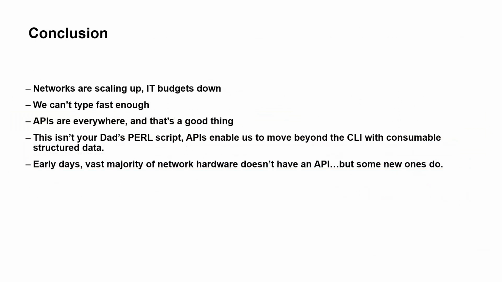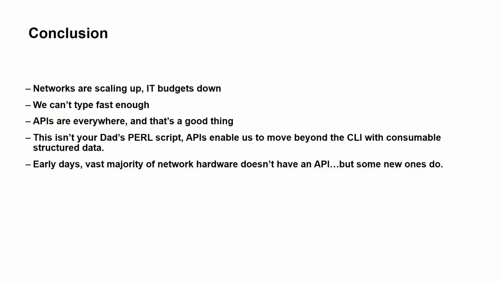In conclusion, networks are scaling up and IT budgets are going down, so we can't type fast enough for all of the stuff on the networks. APIs are everywhere, and that's a good thing. This is the way devices interact with each other, and we're seeing this on networking hardware now. But this isn't your dad's Perl scripts.